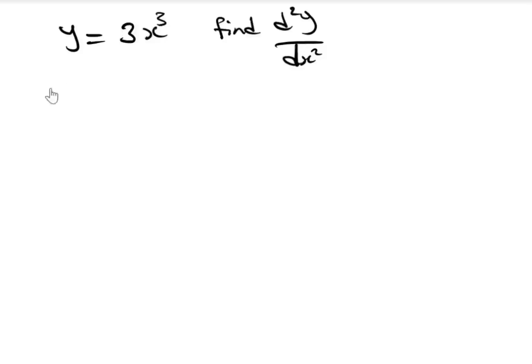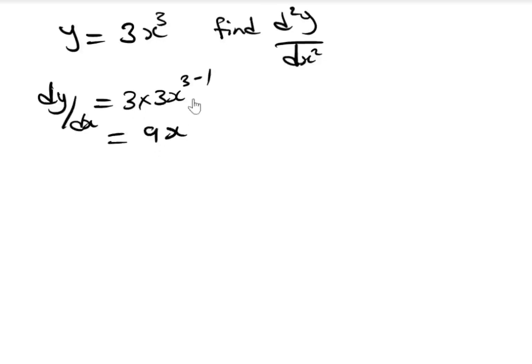So the first derivative, which is dy dx, is equal to the power of x here is 3, which is 3 multiplied by 3x, 3 minus 1, and this is equal to 3 by 3 will give me 9, and x squared.